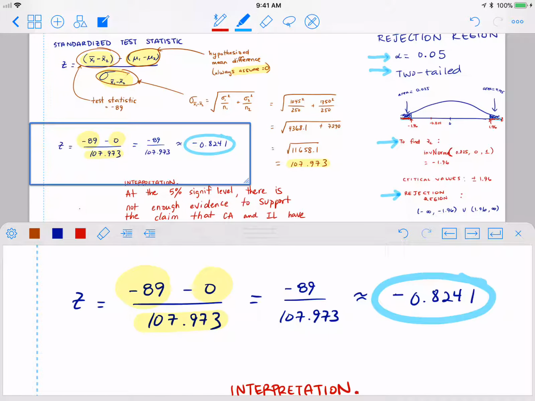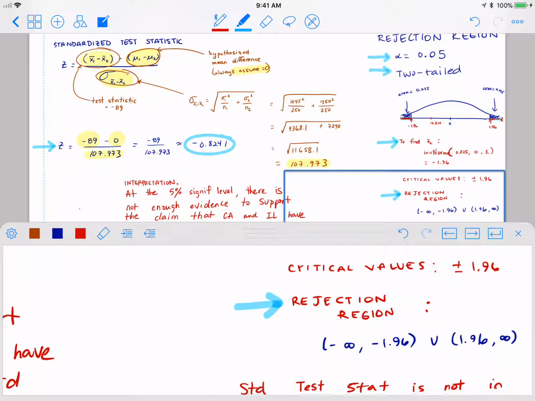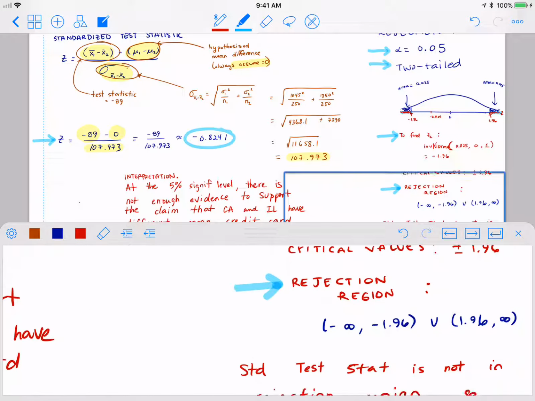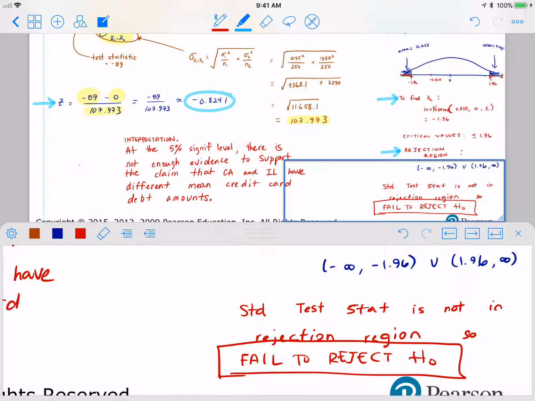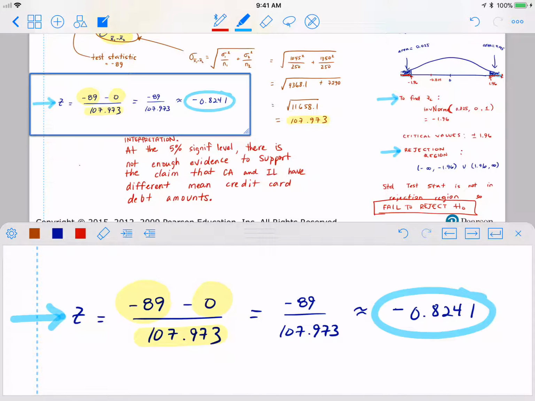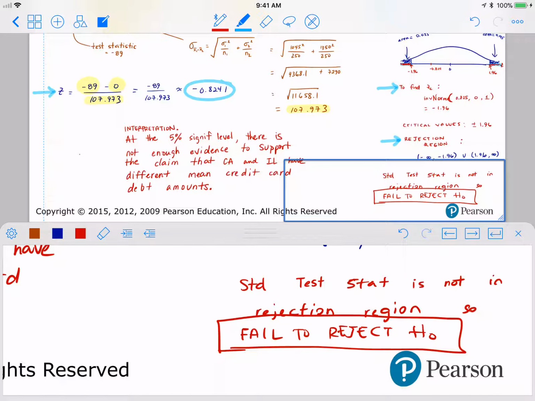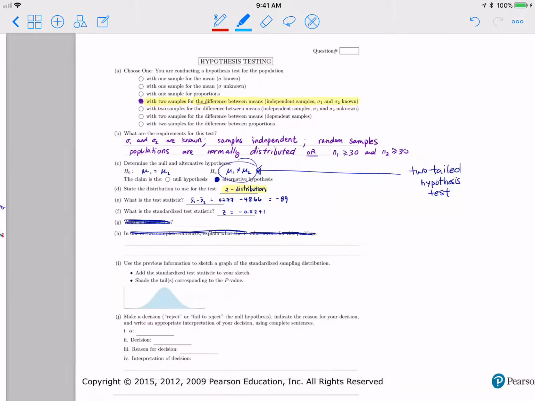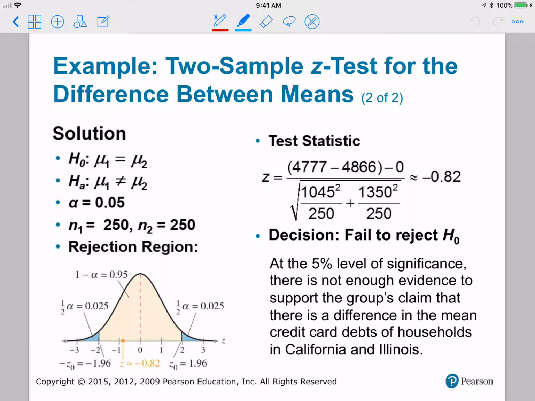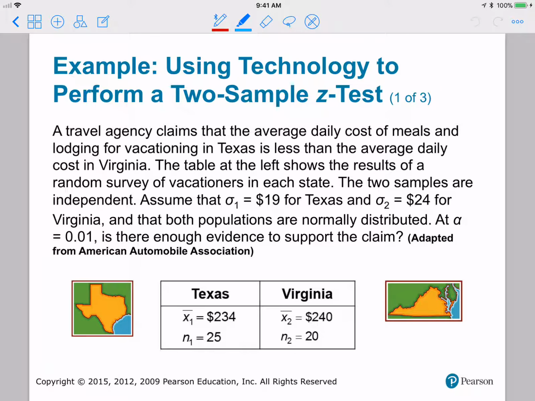Then you take your standardized test statistic and see if it is in the rejection region. If it's in the rejection region, then you reject H0. In this case, our standardized test statistic was not in the rejection region, so we failed to reject H0. Okay. Same information. Let's look at our second example.